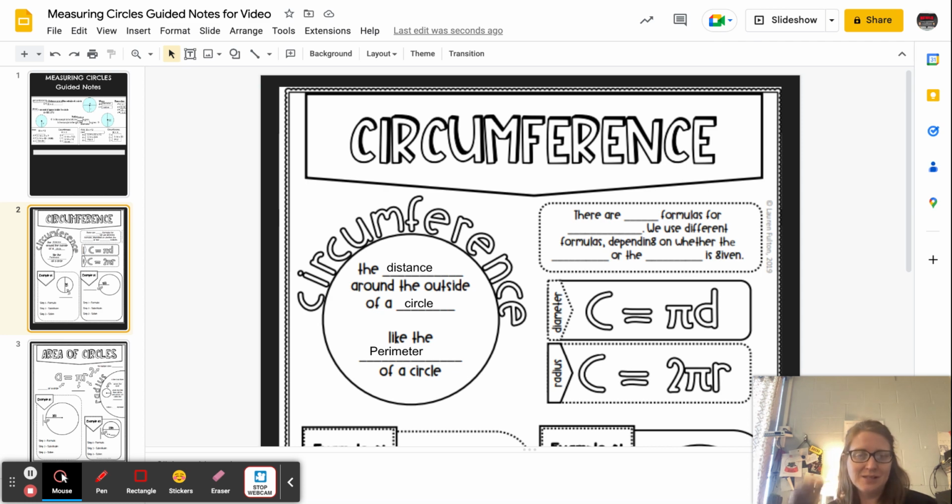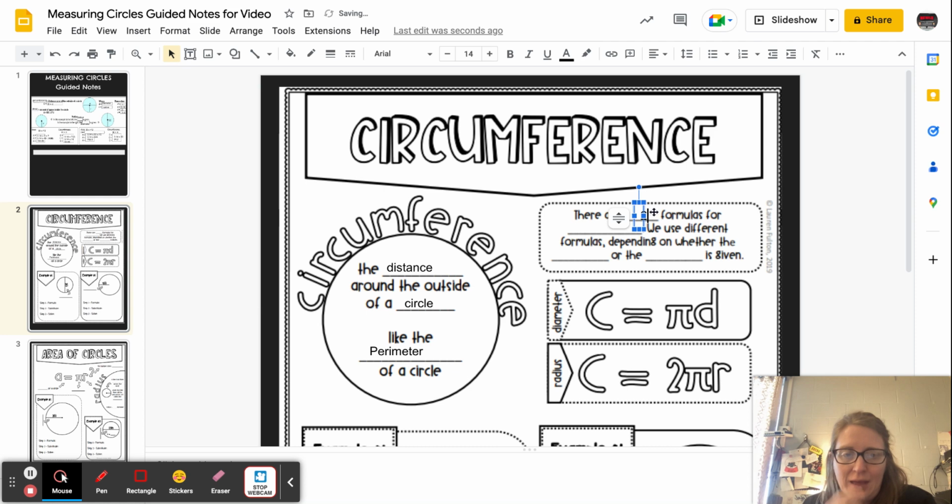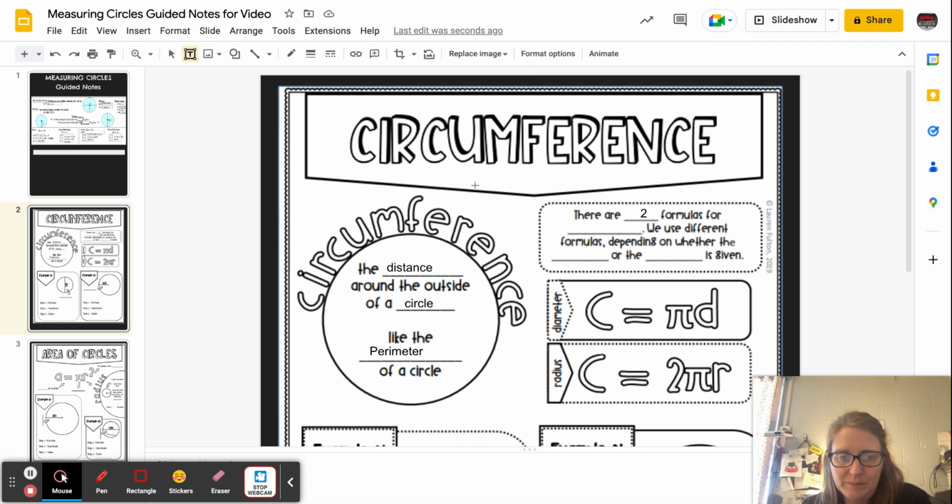And we use different formulas depending on whether we have the diameter or the radius. So go ahead and plug those in.